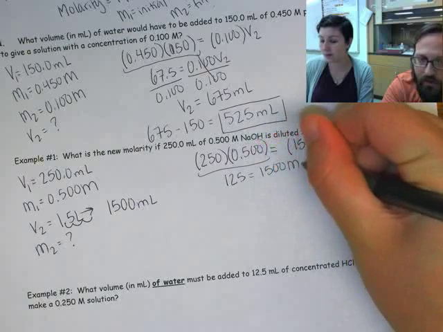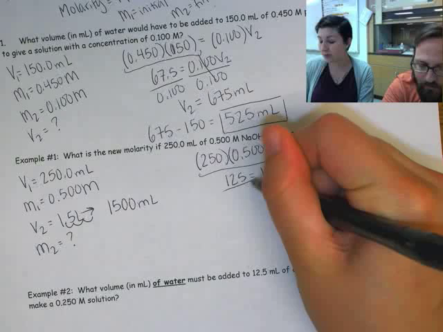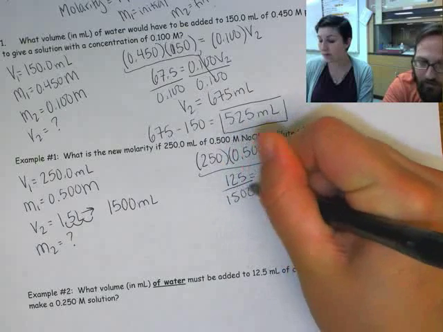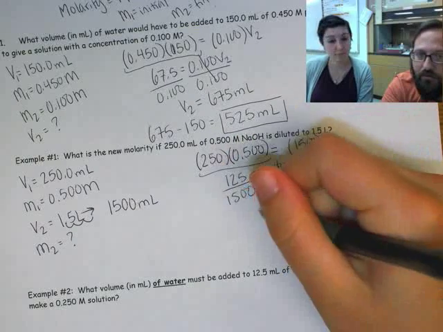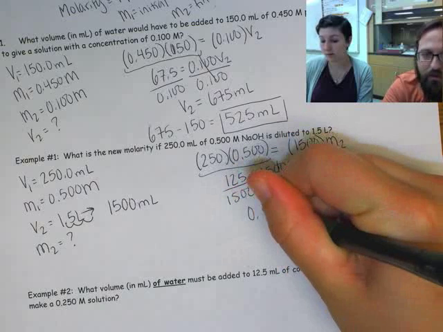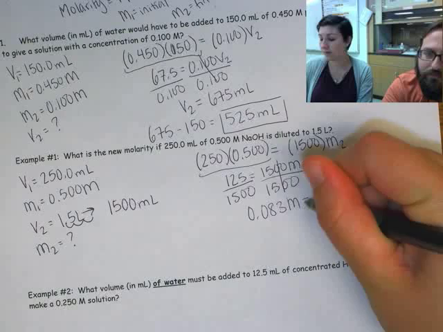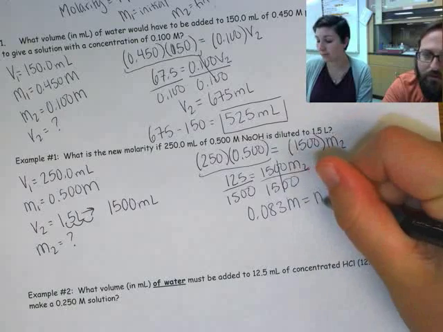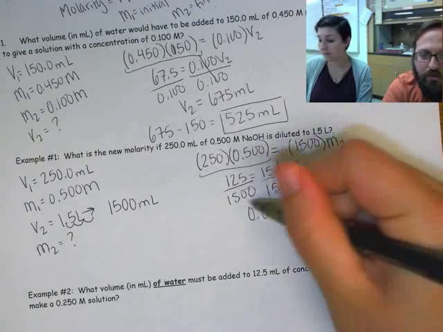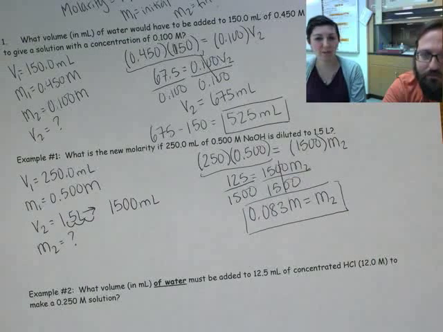Then we divide both sides by 1500, and we get 0.083 molar, that's M2. That wasn't hard, even with a little bit of conversions.